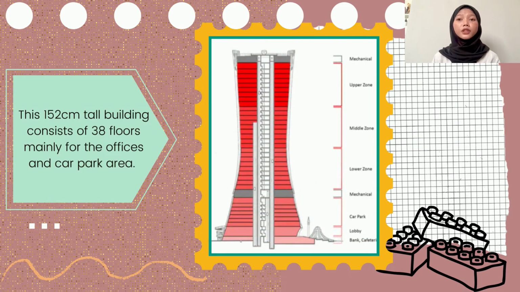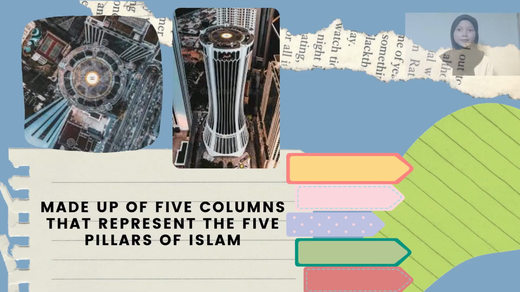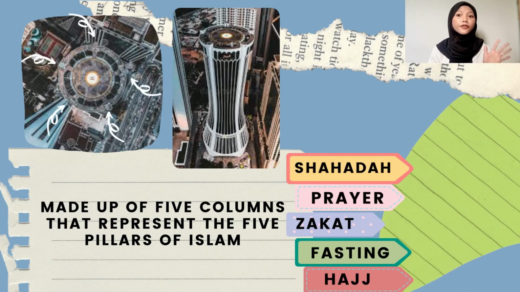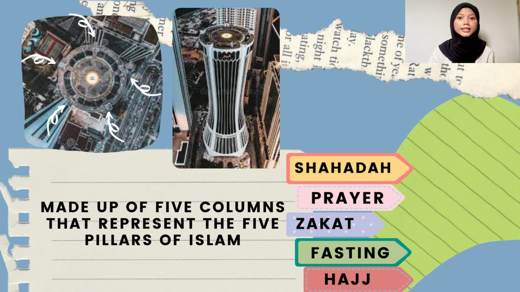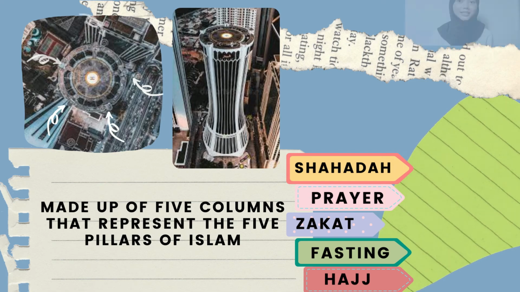This 152 meter tall building consists of 38 floors, mainly for office and car park areas. The framework is made up of 5 columns that represent the 5 pillars of Islam, which are Shahada, prayer, zakat, fasting, and Hajj. On the other hand, it also serves as a support structure for the building.